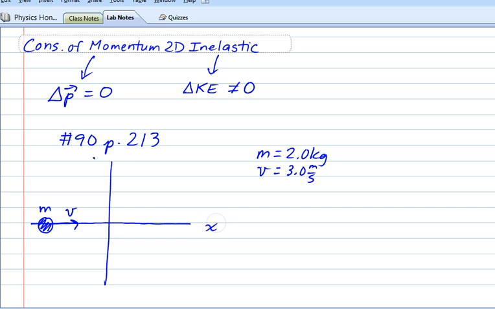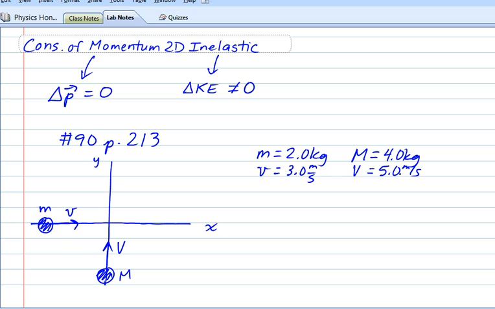We'll call this the x direction and the y direction. Then we have a larger object, which is big M, traveling with the velocity of big V, and they tell us big M is 4.0 kilograms and big V is 5.0 meters per second.